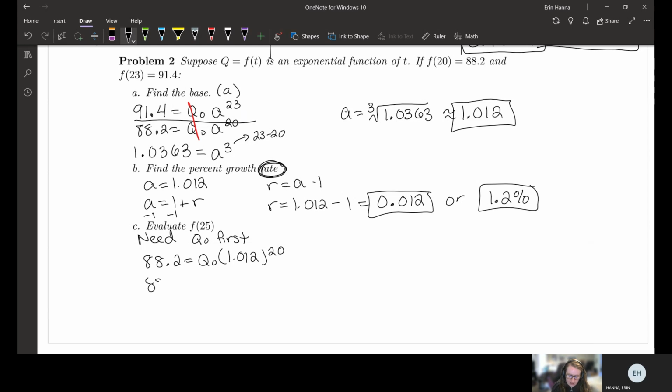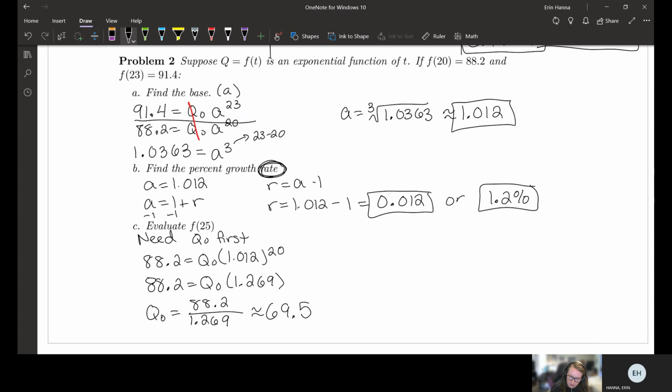So then we have 88.2 equals whatever Q naught is times 1.269. And again, I'm rounding here as well, so some of you might get slightly different answers depending on how many decimal points you take. If you want the best answer possible, you want to round as little as possible. So this is going to get us approximately 69.5.